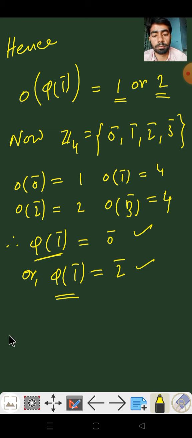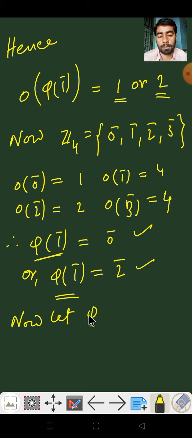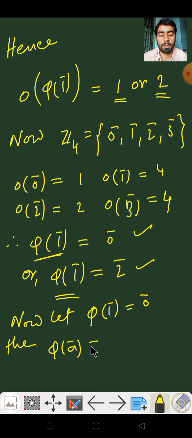Now let phi of class 1 be class of 0. Then phi of class A will be equal to A times phi of class 1, which equals A times class of 0, which is class of 0. That is, phi of class A is class of 0.